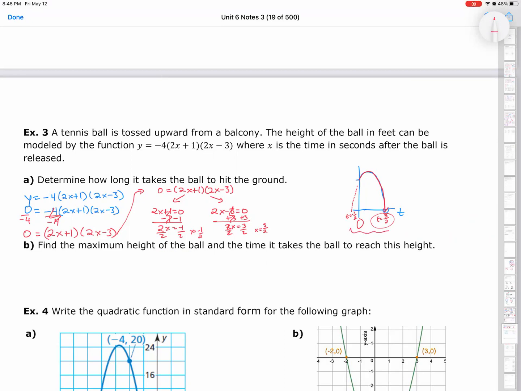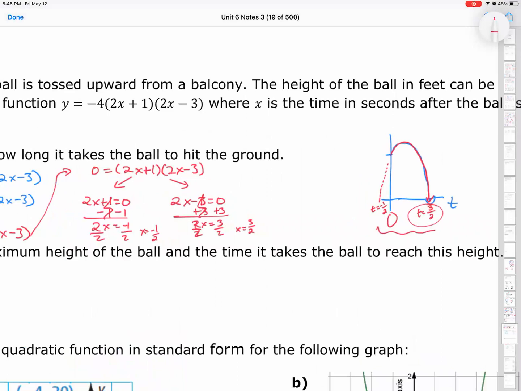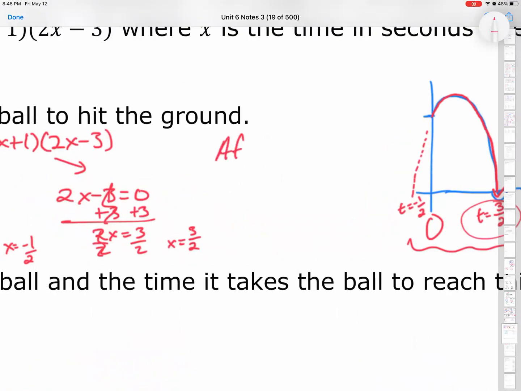It's really kind of aiming for when this person releases the ball, how long does it take? So more of a realistic contextual question. And so for our final answer, after 1.5 seconds, our ball hits the ground.